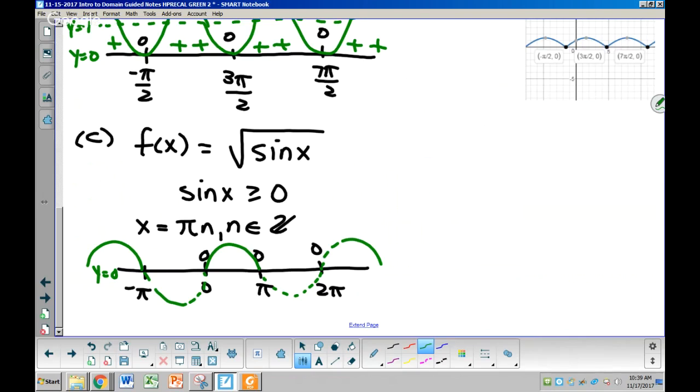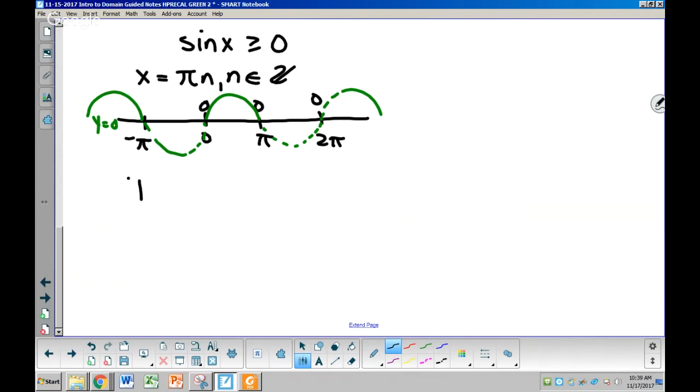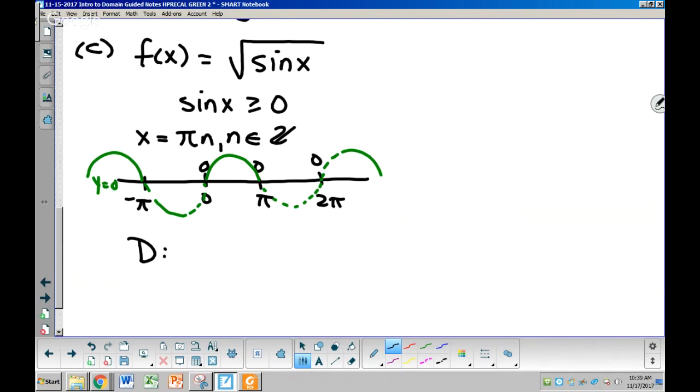Okay, so how would I write that domain? Because I can only take the square root of the positive y values, correct?